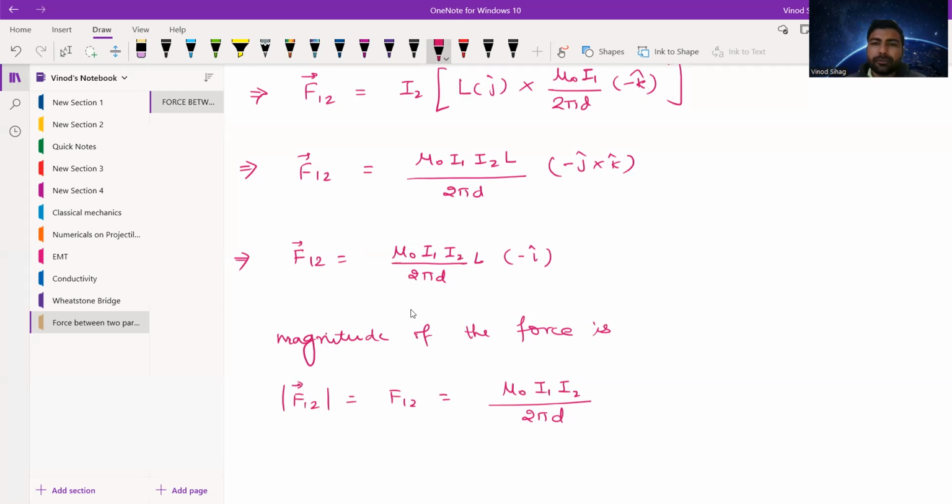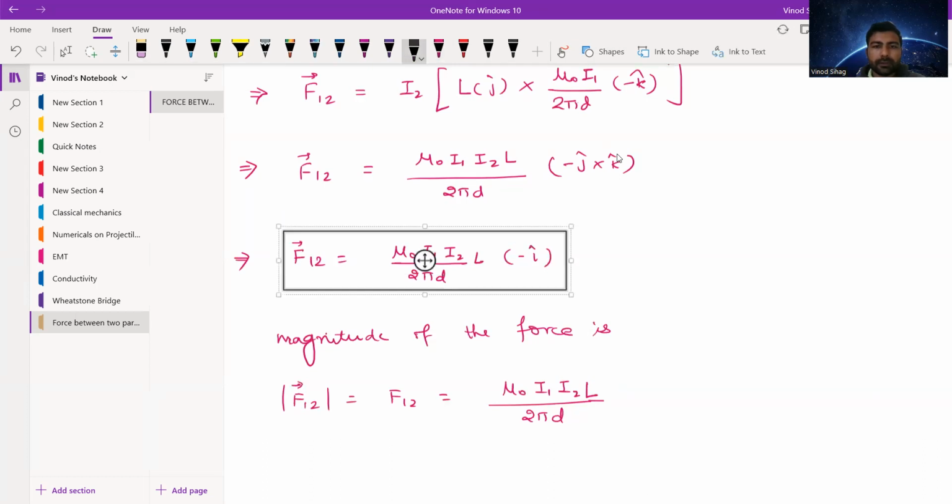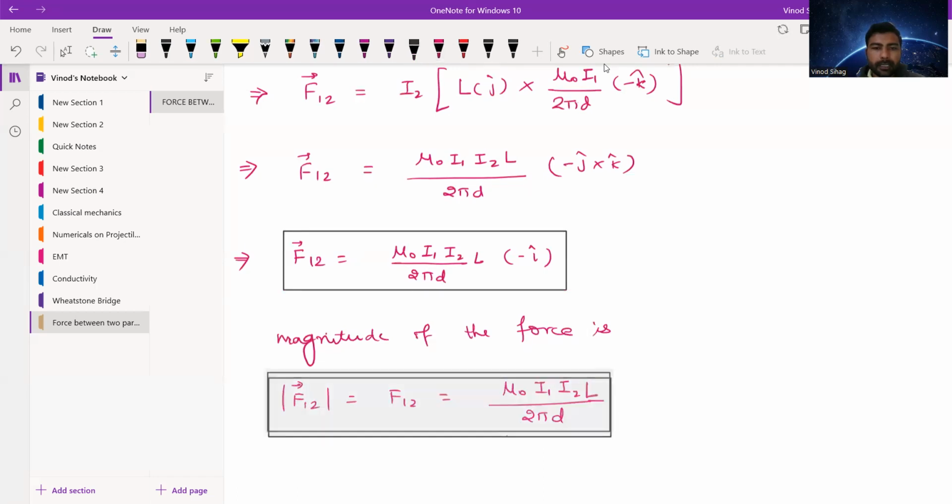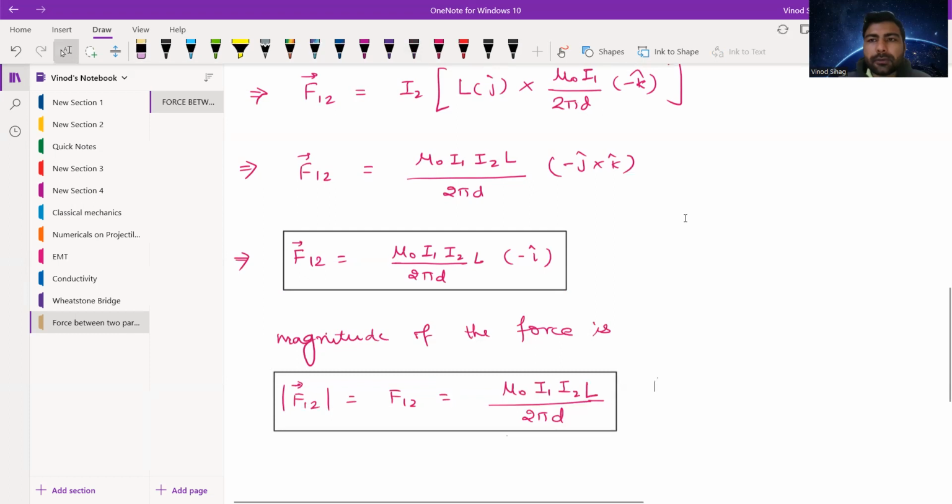The magnitude of the direction vector will be 1. One thing is left, that is the length L. This is the equation of force. There will be two equations: the first is the vector form, and the second one is the magnitude form. So these are the two equations of force.